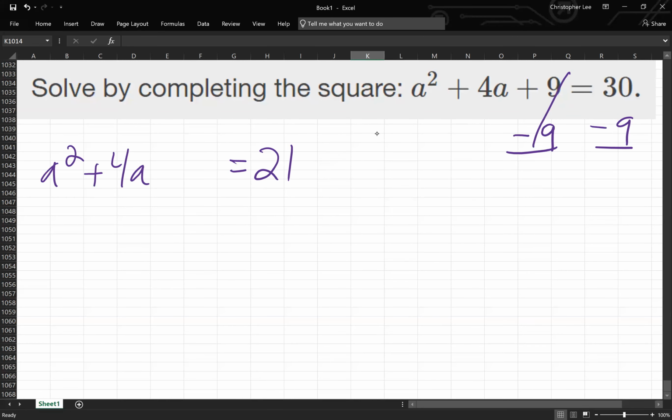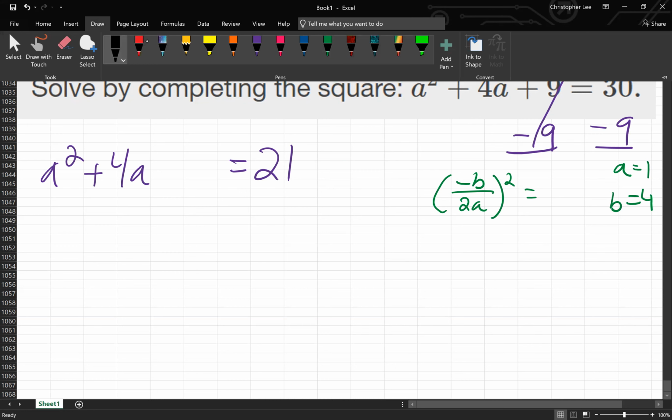Now I want to complete the square. Go to the formula. We have negative b over 2a squared, right? So this is going to be, what's my a and what's my b again? 1 and 4, right? Plug those in. All right.